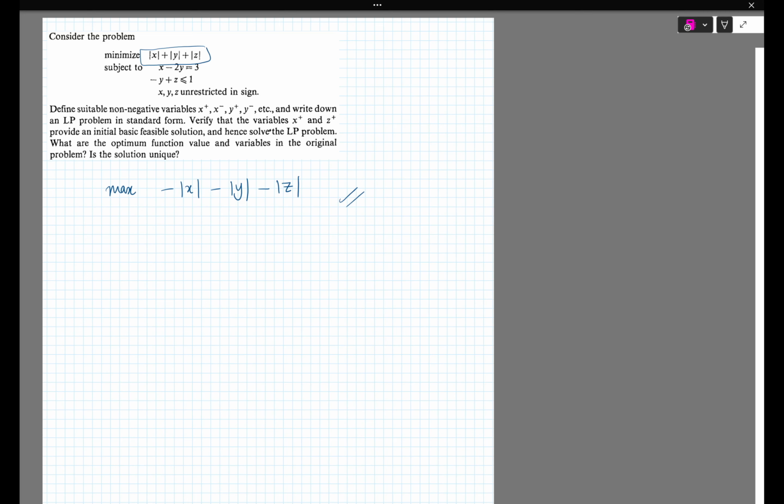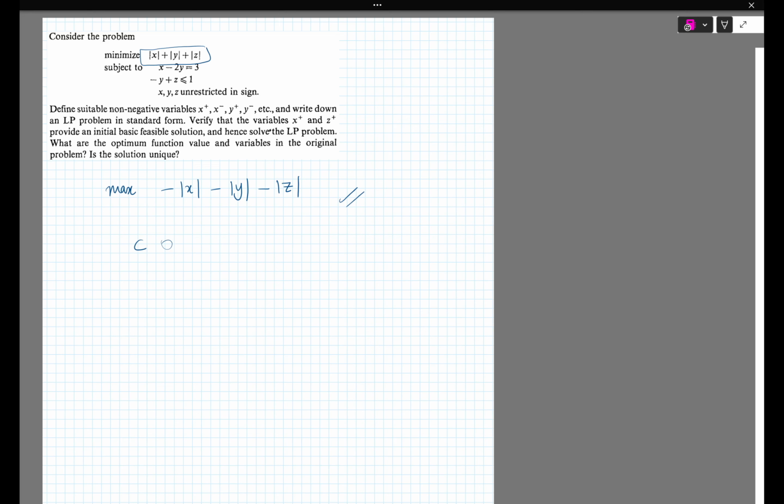In the simplex table you need to specify C, right? So we will define x greater than 0, y greater than 0, z greater than 0. There will be two objective functions, so for each you will solve it separately.